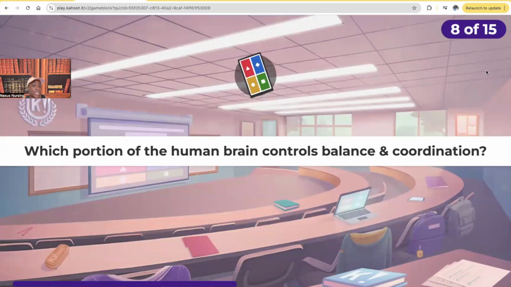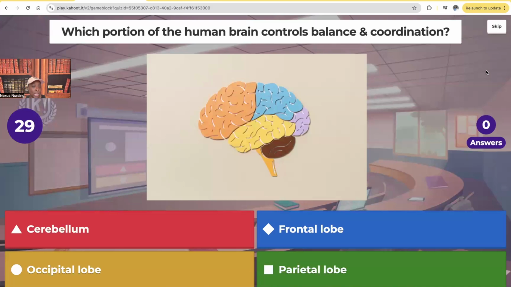All right, which portion of the human brain controls balance and coordination? Is it cerebellum, the frontal lobe, the occipital lobe, or the parietal lobe?